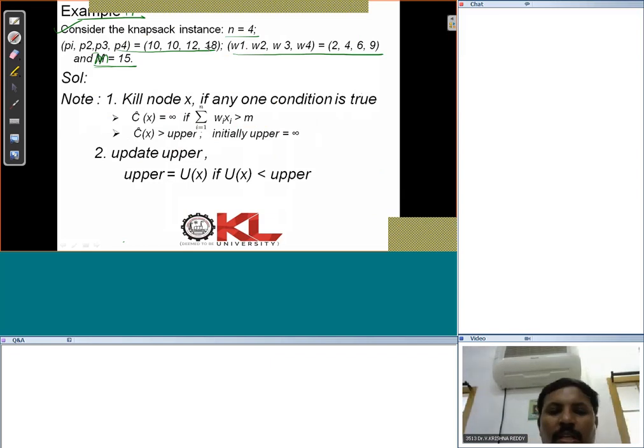The capacity of knapsack is m equal to 15, n is equal to 4, and the respective weights and respective profits. After that, please write one note. This note is very important. It is the bounding function. For the bounding function, updation is the second point. All of you please note down up to this part in your running notes.